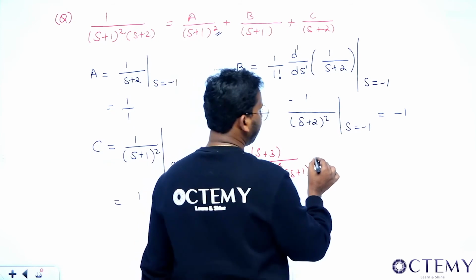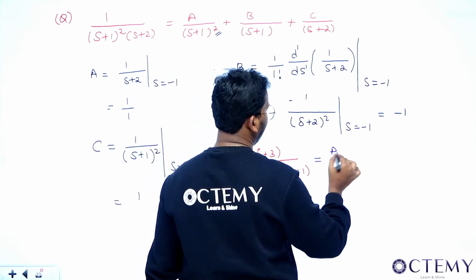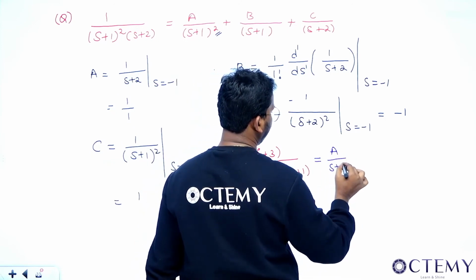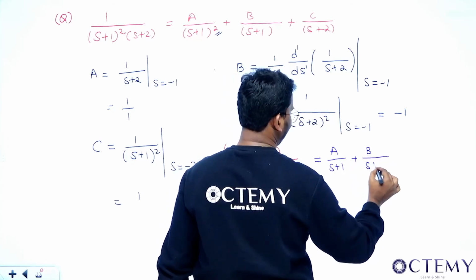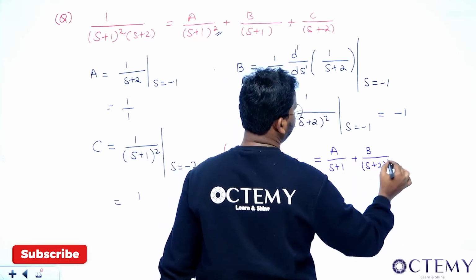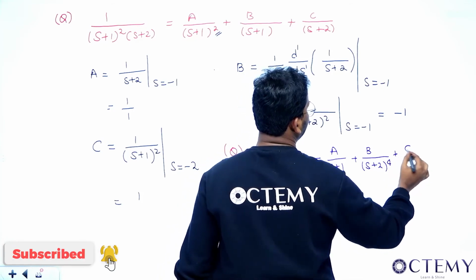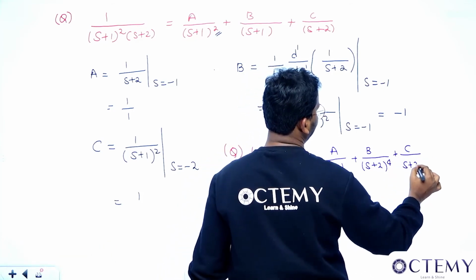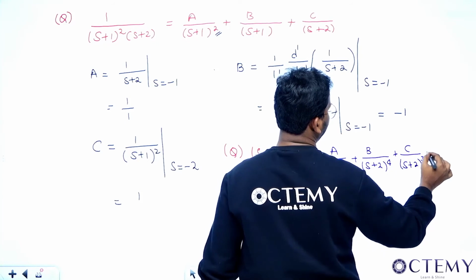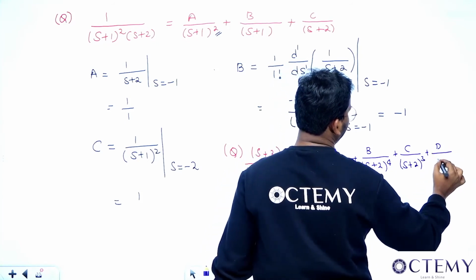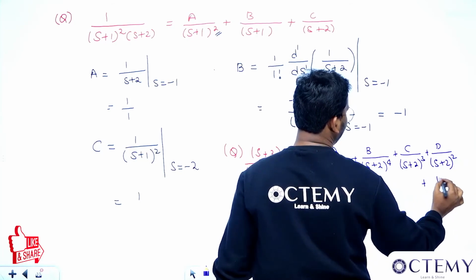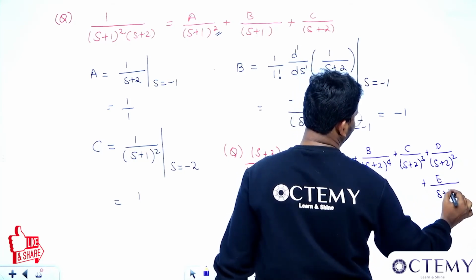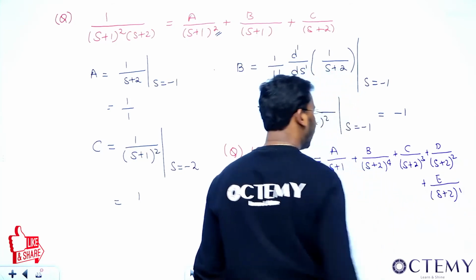See sir, what will this become? This will become A by s plus 1 plus B by (s plus 2) power 4 plus C by (s plus 2) power 3 plus D by (s plus 2) power 2 plus E by (s plus 2) power 1, right?